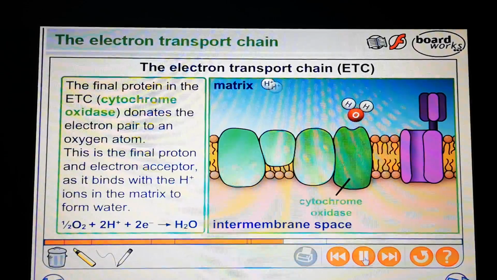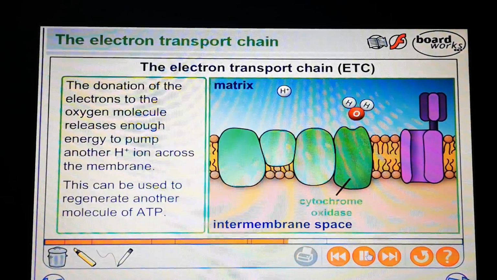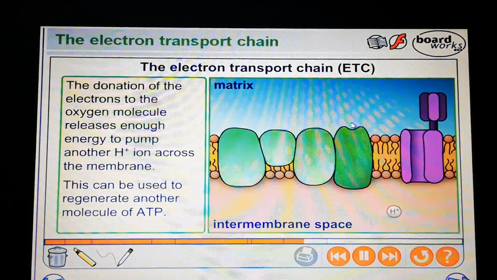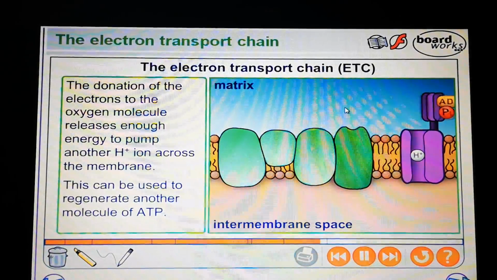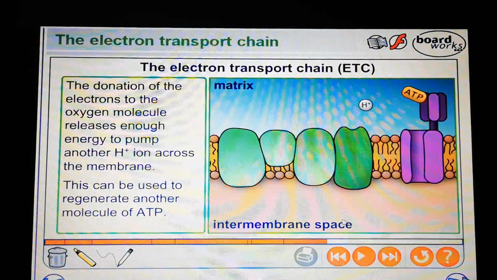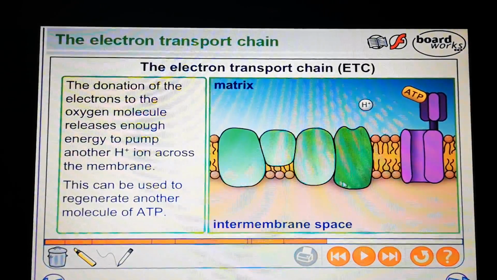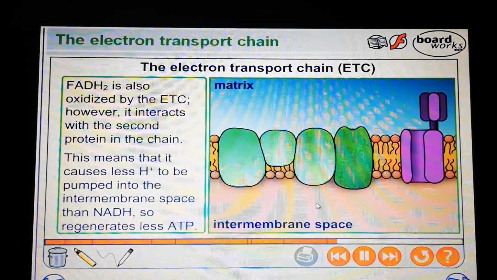You can see a molecule of water is released out of the mitochondria, out of the cell, and the energy that is released as that leaves is enough to carry over another proton into the intermembrane space. Now you can see that the electron transport chain is available to receive yet another pair of electrons.